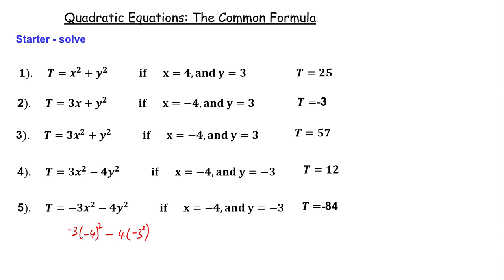Minus times minus, so it'd be minus 3 times 16 minus 4 times 9. And so you got minus 48 minus 36, which gives you your minus 84. So you just got to be careful with negatives. If you're going to square them, put them in brackets. Makes it a lot easier.